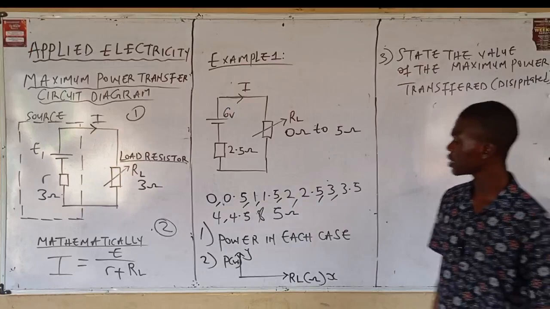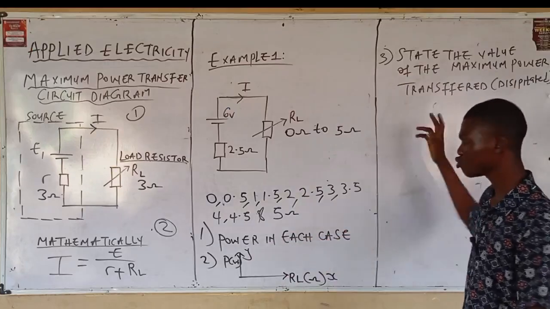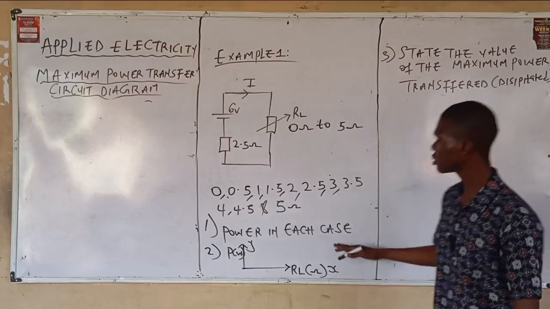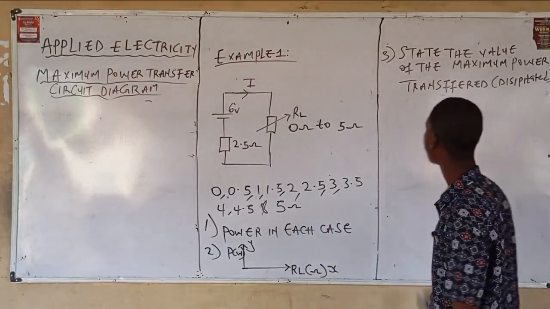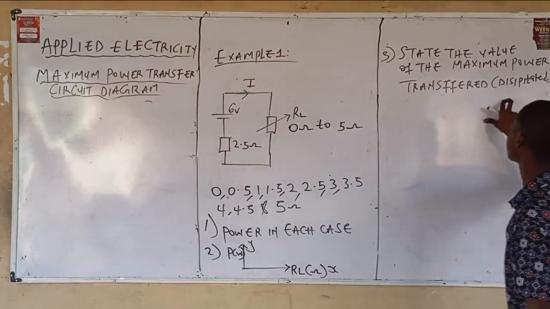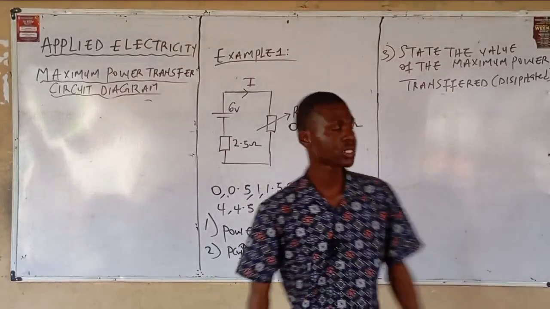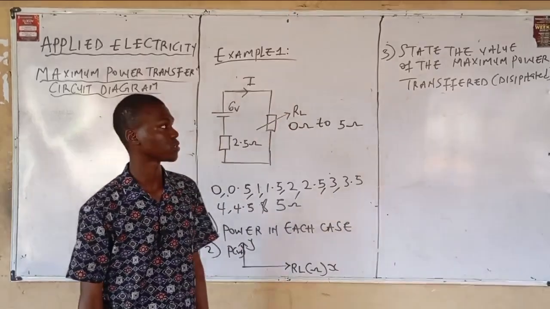Right? From here, we've interpreted the question. This is question 1, question 2, and question 3. Question 1 says calculate the power in each case. Number 2, plot the graph. Then lastly, state the value of the maximum power transfer.